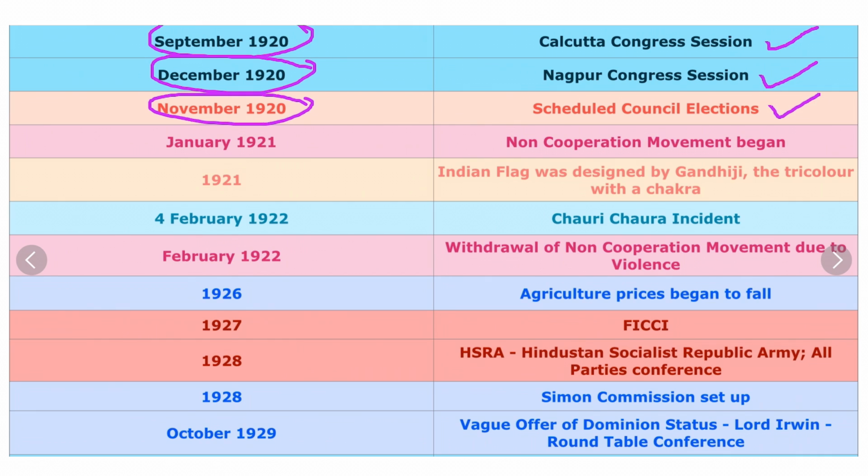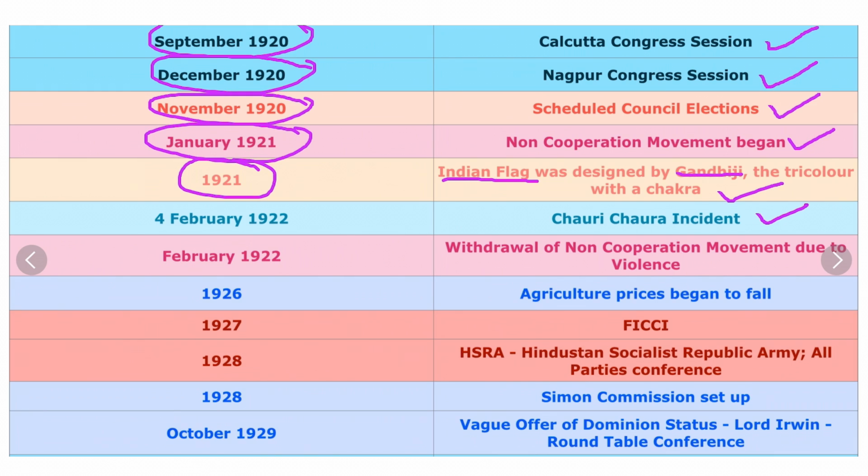However, in January 1921, non-cooperation movement began. As a part of the movement, Indian flag was designed by Gandhiji, the tricolour with a chakra, in 1921. At Chauri Chaura, Gorakhpur, a peaceful demonstration turned into a violent clash with the police. A police station was set on fire and nearly 22 policemen died.